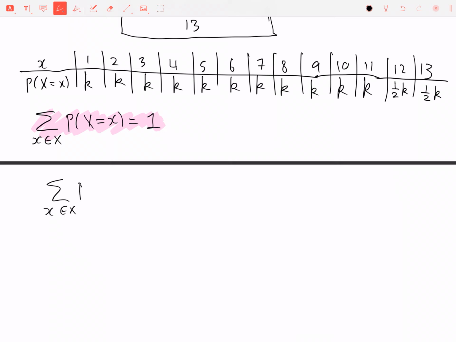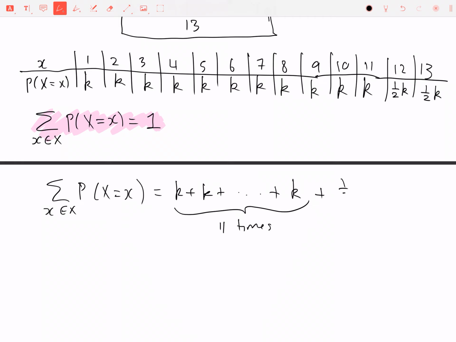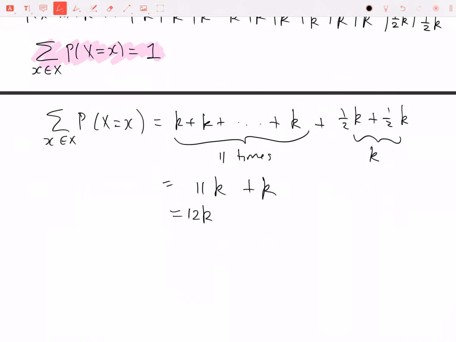The sum of the probability values for this dodecahedron table is going to be k plus k all the way up to plus k. That is how many k's? That's 11 times, plus half k plus half k for 12 and 13. So I'm going to get 11k, and then half k plus half k gives me 1k. So I get 12k altogether, and that must equal 1. So this implies that k must be 1 over 12.